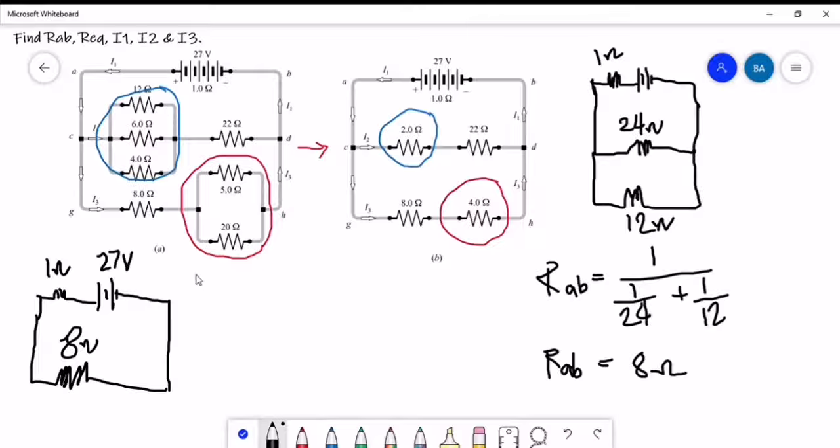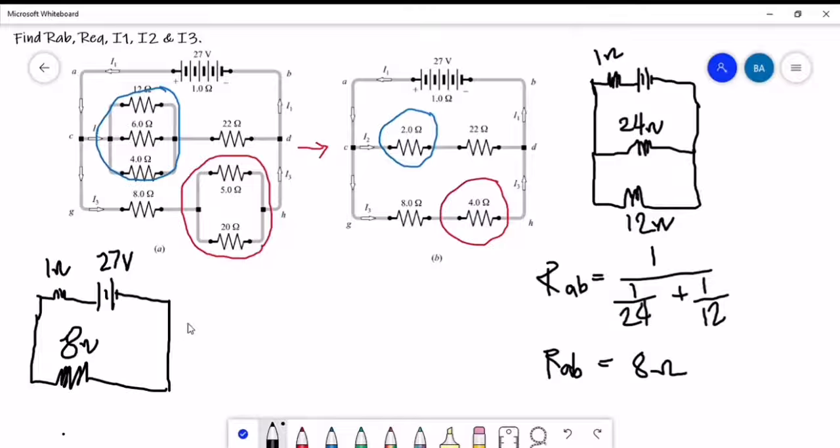Based on the simplified circuit that we have right now, it is a simplified series circuit. Therefore, this kind of combination circuit is a series-parallel circuit. So don't forget that one.